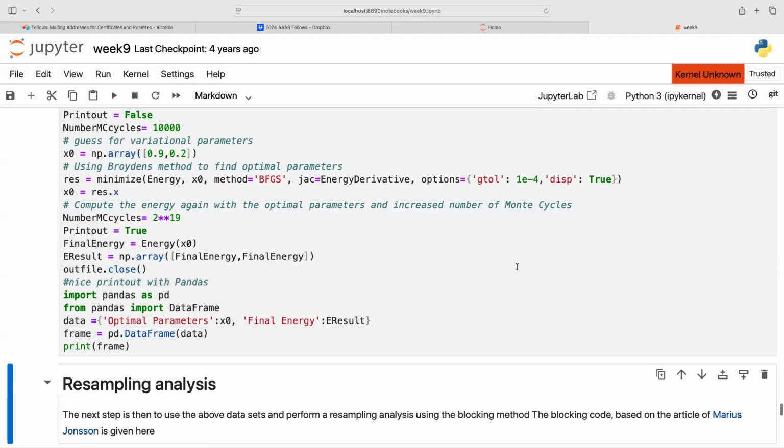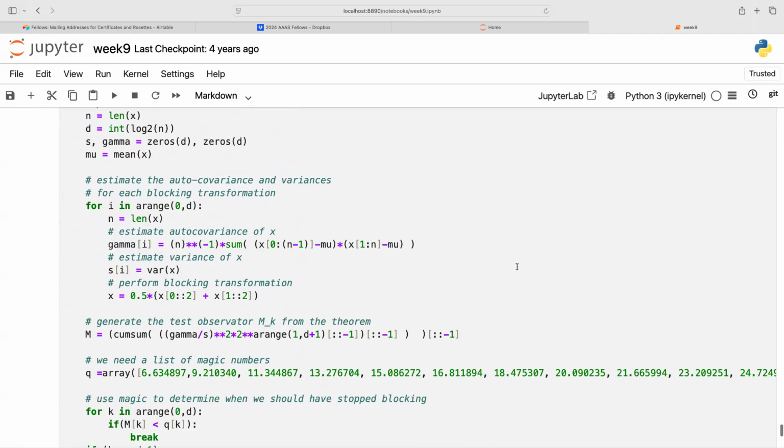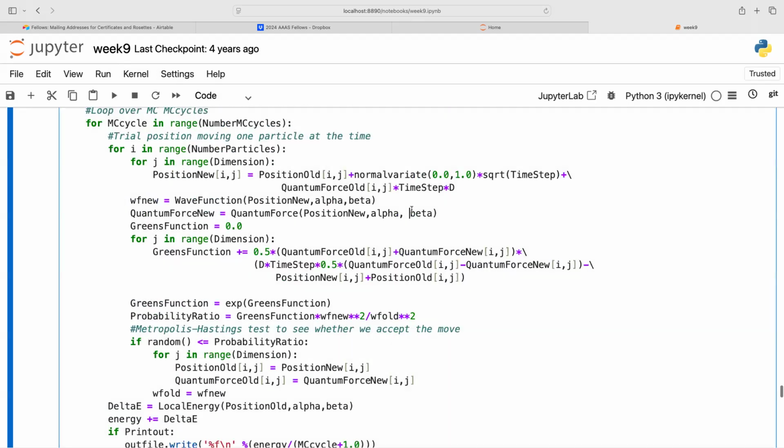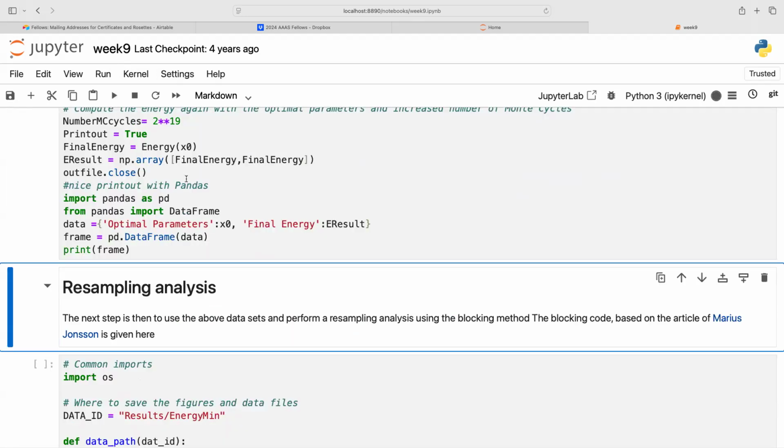Because you see now the correlation function, I'm calculating this with 1 million Monte Carlo cycles. I'm actually doing 1 million squared evaluations. And that's going to take a lot of time. So this simply motivates why you should not use a brute force calculation, but rather use techniques like the blocking technique. So let's now look at the Monte Carlo calculation here and run that one, because that's a little bit faster.